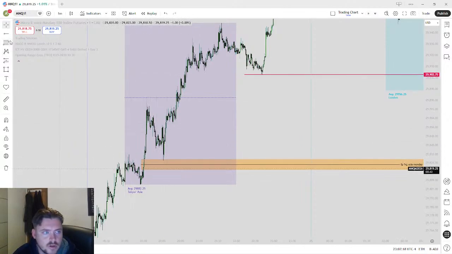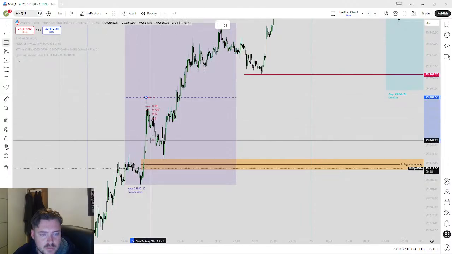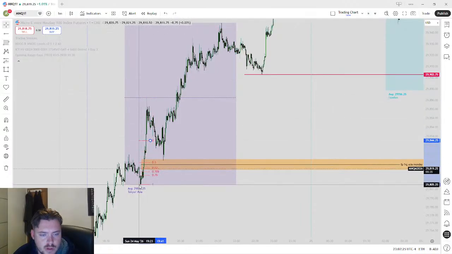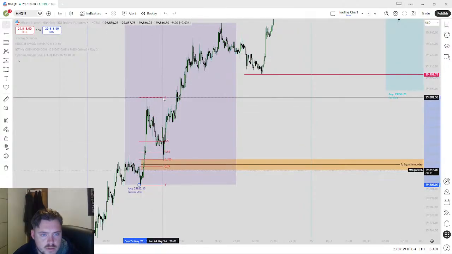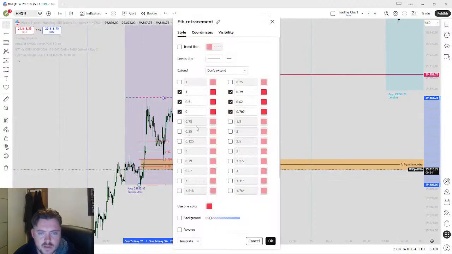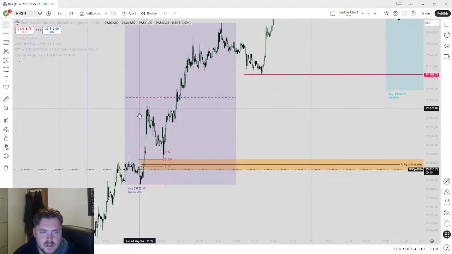If you look at the range, I said I was going to talk about this in my last video. So from high to low, this is the OTE. You have to take off 0.5 because I have to keep that on there for some reason. In a dealing range, high to low, you've got premium and discount.